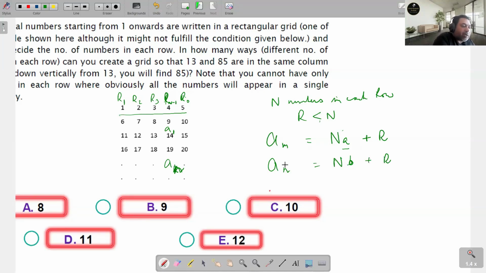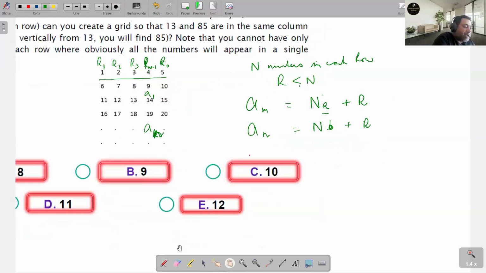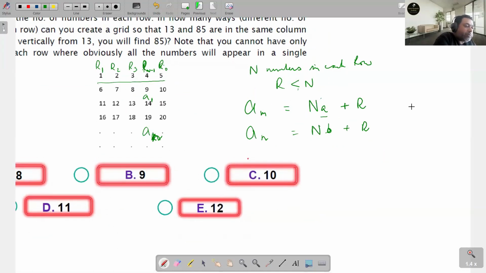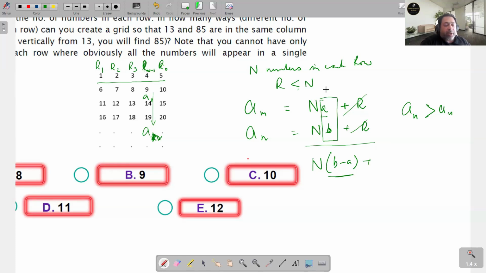So when you subtract them, and an is greater than am, since an is lower than am in the grid, it will be a larger number. What will you get? You will get n into b minus a, and the r and r will cancel. Now b minus a will be some integer only, because both are quotients.